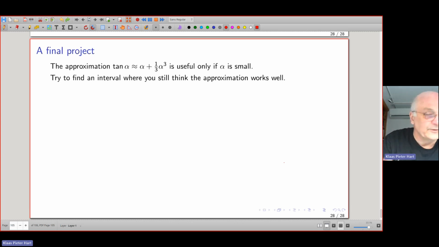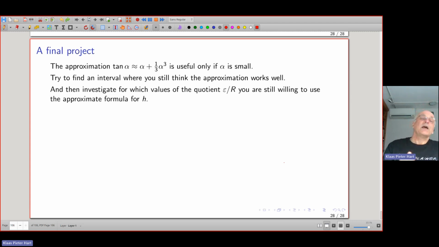And the same for the 1 over the cosine minus 1. And then when you decided on that interval, you may want to try for what values of alpha or what values of this quotient, epsilon over r, you are willing to use that approximation of tangent alpha to get to the value of alpha that we were looking for.